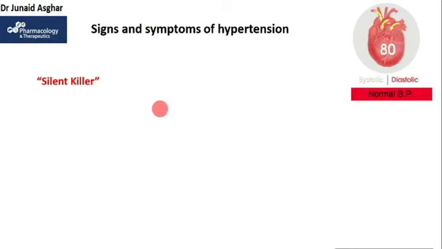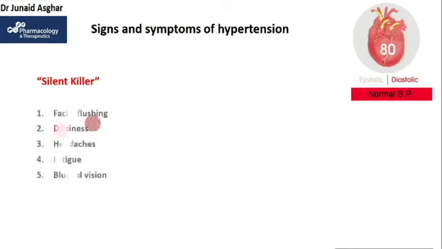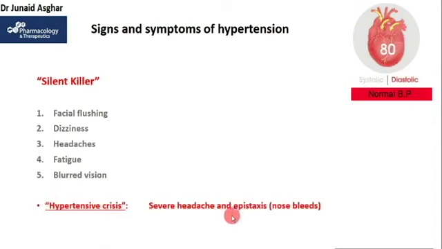There are some signs and symptoms, however, which are present sometimes, such as facial flushing, dizziness, headaches, fatigue, blurred vision. In more severe cases, it may cause headache and epistaxis, which is the nosebleed, and this could happen in case of hypertensive crisis when the blood pressure shoots to 180 over 120 mm of mercury.